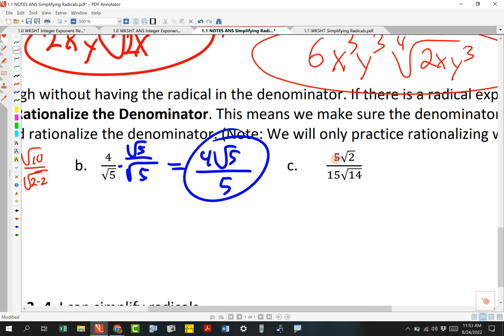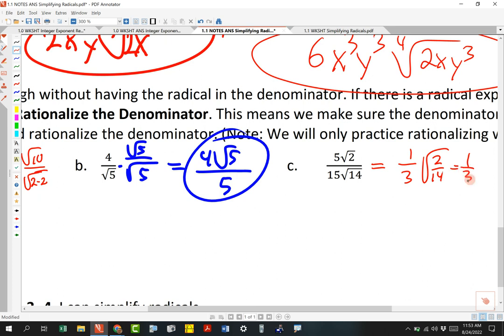Next one. These are plain old numbers. You can deal with them just like plain old numbers. That's the fraction 5 over 15. So that is the fraction 1 on the top and 3 on the bottom. Now, I might make a fraction bar a little too long sometimes, so I'm going to say, hey, you know what I can do here? I can use that rule backwards. I'd rather put them underneath the same radical.